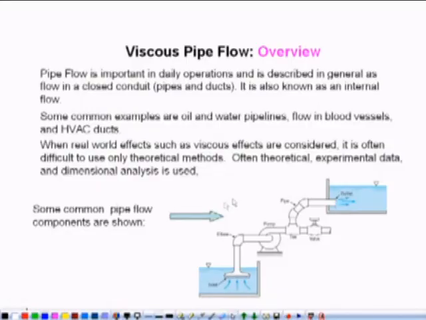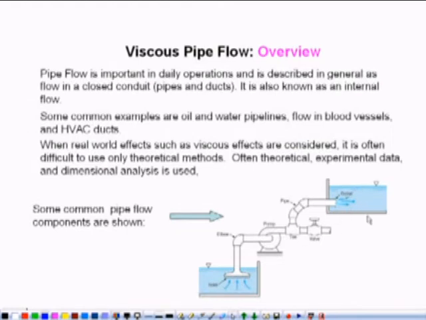This was studied first by assuming this as a viscous flow. So, we are going to discuss viscous pipe flow. In this viscous pipe flow, let us assume that in this figure we want to supply liquid from one location, which is here, to this location. This is our inlet, this is our outlet.